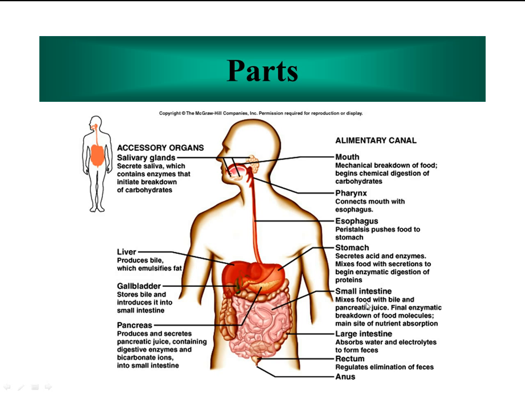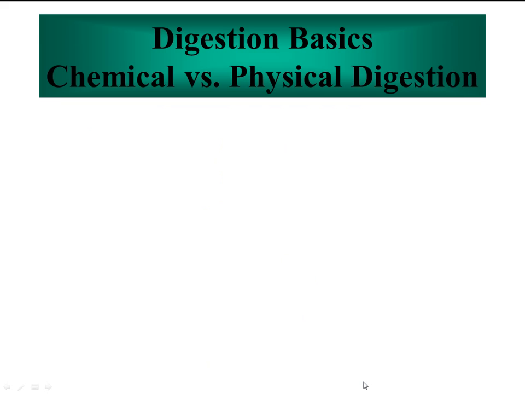The small intestines are responsible for mixing food with bile and pancreatic juice, and more enzymatic breakdown of food molecules into usable ones. The large intestines mainly absorb water and electrolytes and form feces to get rid of the unused elements of that food that you took in, and eliminate them as feces through the anus.